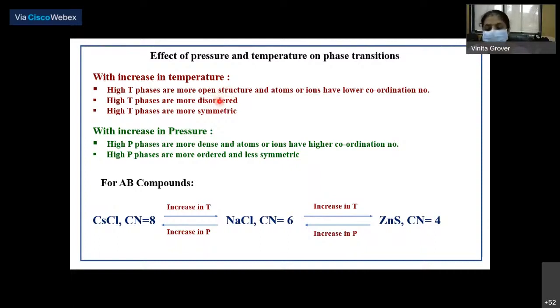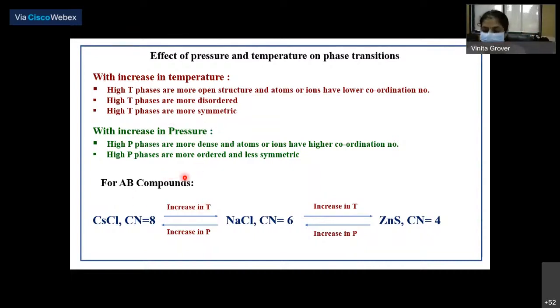You can have a disordered material, and in most cases, the higher symmetric material is more disordered. Okay. So thumb rules: with increase in temperature, if a phase transition is happening, high temperature phases have more open structure, they are more disordered, they are more symmetric, and they tend to have lower coordination number.